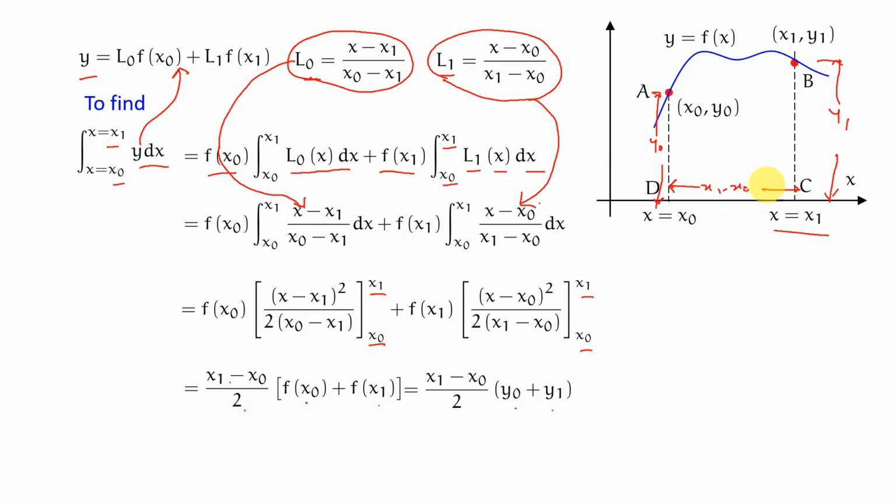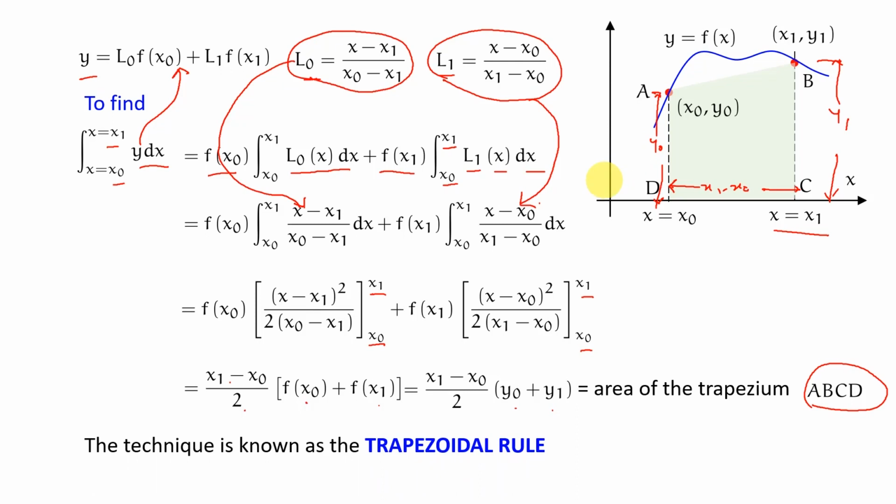So (x1 minus x0) by 2 multiplied by (y0 plus y1), this is essentially the area of this trapezium ABCD, and this area of this trapezium is the approximation of the integral of y dx. Because this is the area of the trapezium, we call this the trapezoidal rule.